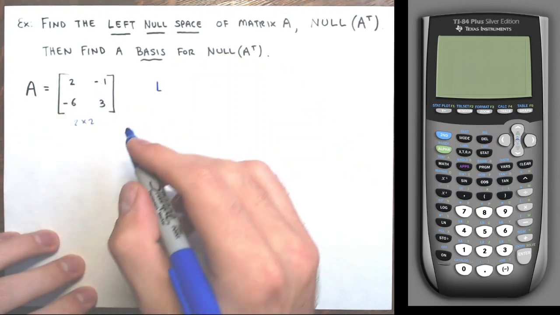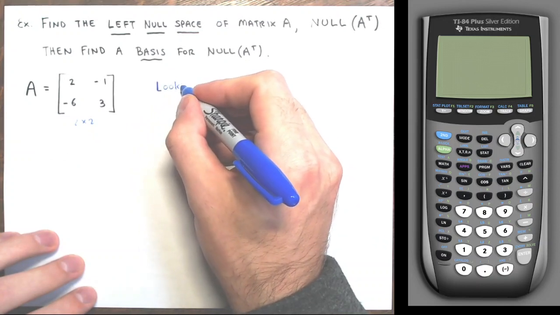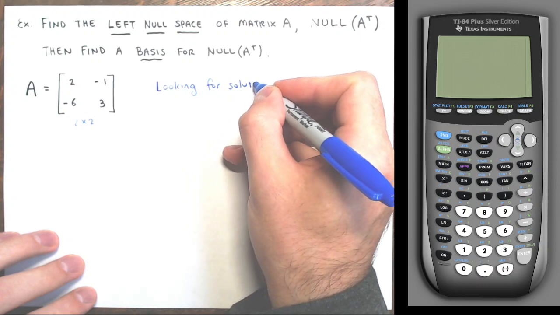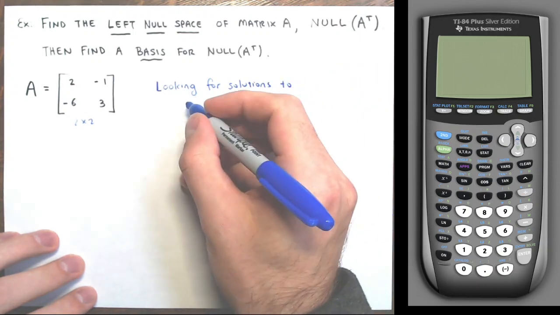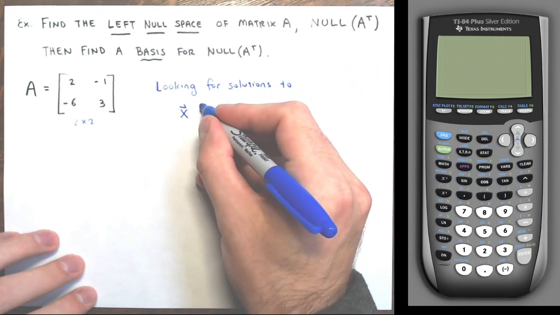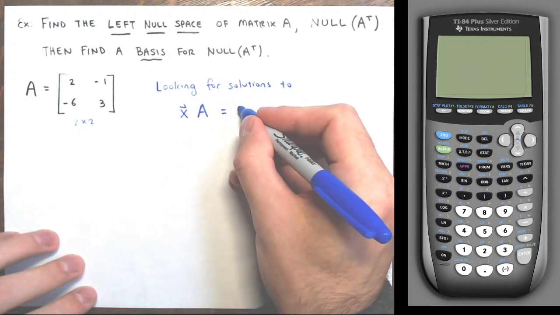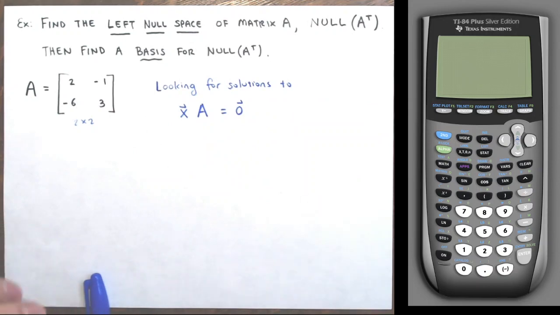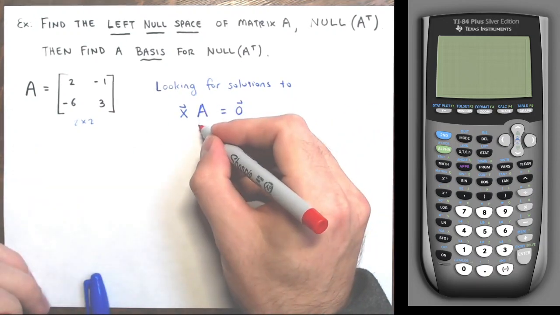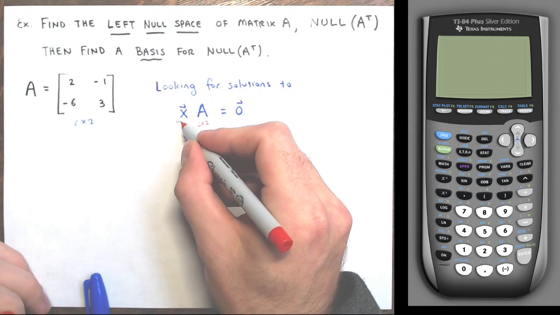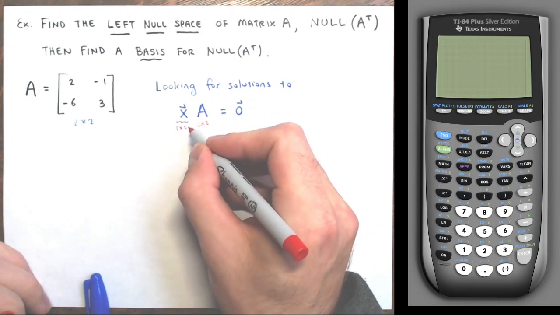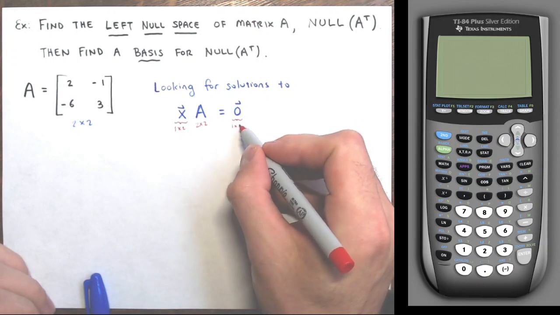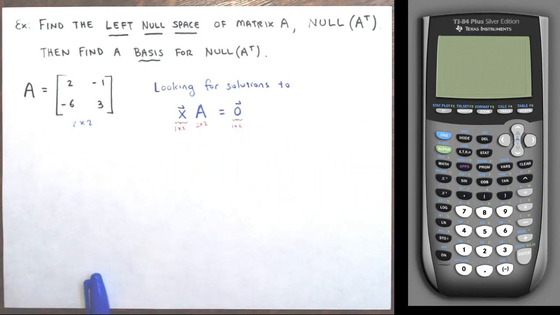What we're doing here is we're looking for the solutions to vector x times matrix A equals the 0 vector, where, if matrix A is a 2 by 2, then vector x has to be a 1 by 2, a row vector, and then this would also be a 1 by 2. If I multiply 1 by 2 by 2 by 2, I get a 1 by 2.